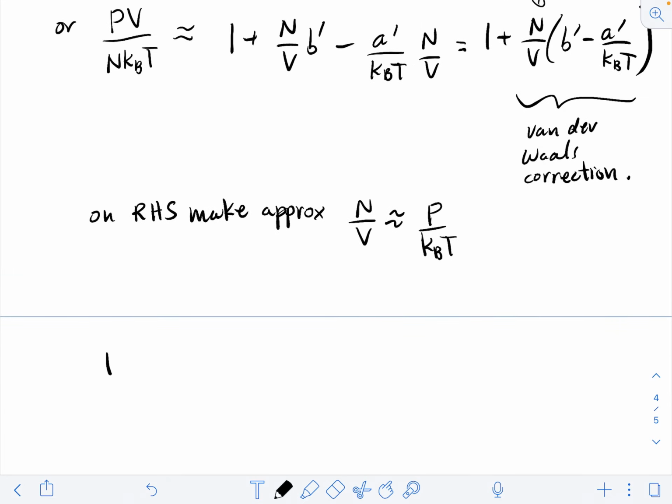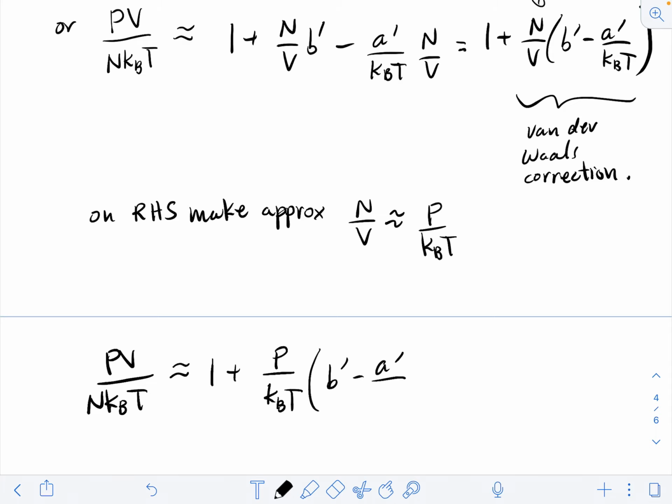Okay, again, you'll do better in an upcoming assignment. And so if we do that, then we get PV over nkBT is 1 plus n over V, which we're going to approximate as P over kBT. And then we have our b' minus a' over kBT.